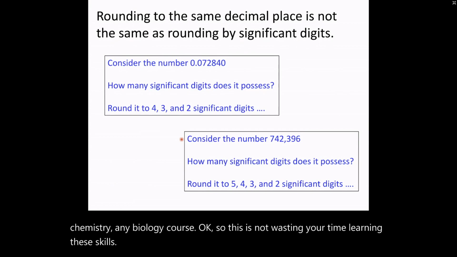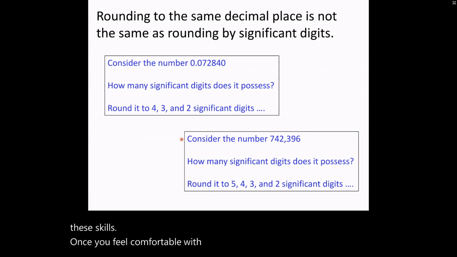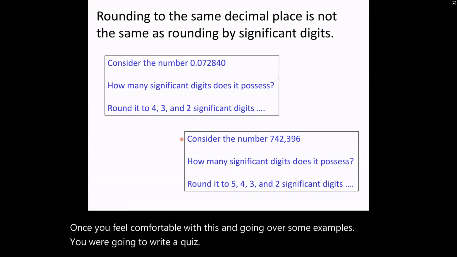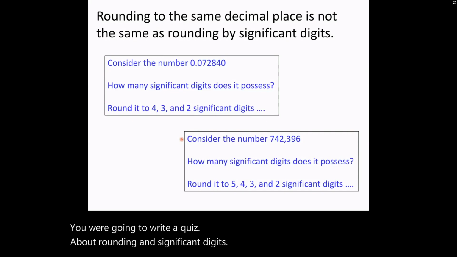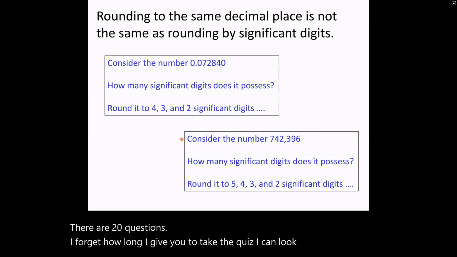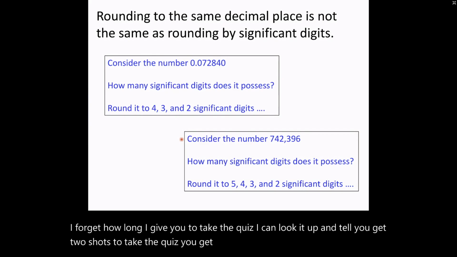Once you feel comfortable with this and going over some examples, you are going to write a quiz about rounding and significant digits. All right? There are 20 questions. I forget how long I give you to take the quiz. I can look it up and tell you. You get 2 shots to take the quiz. You get the average of your 2 attempts.